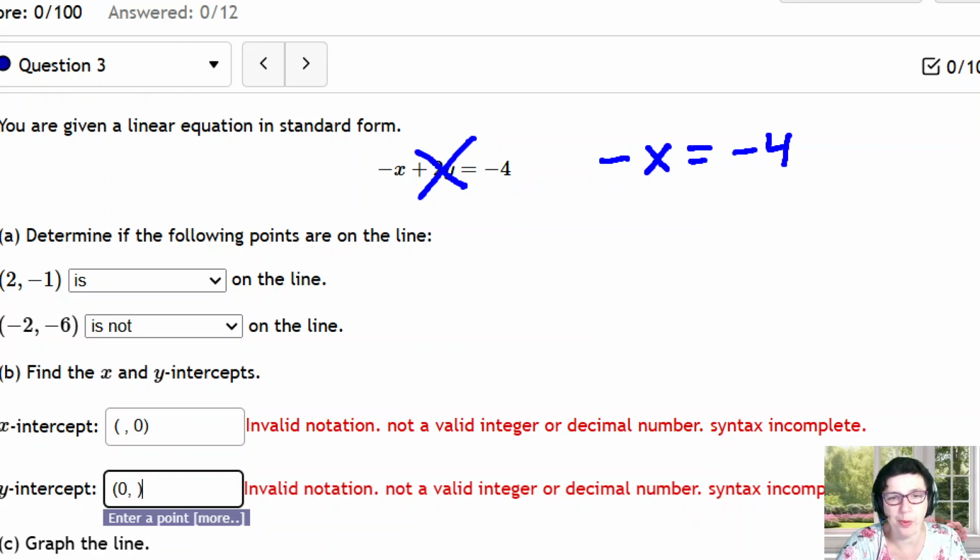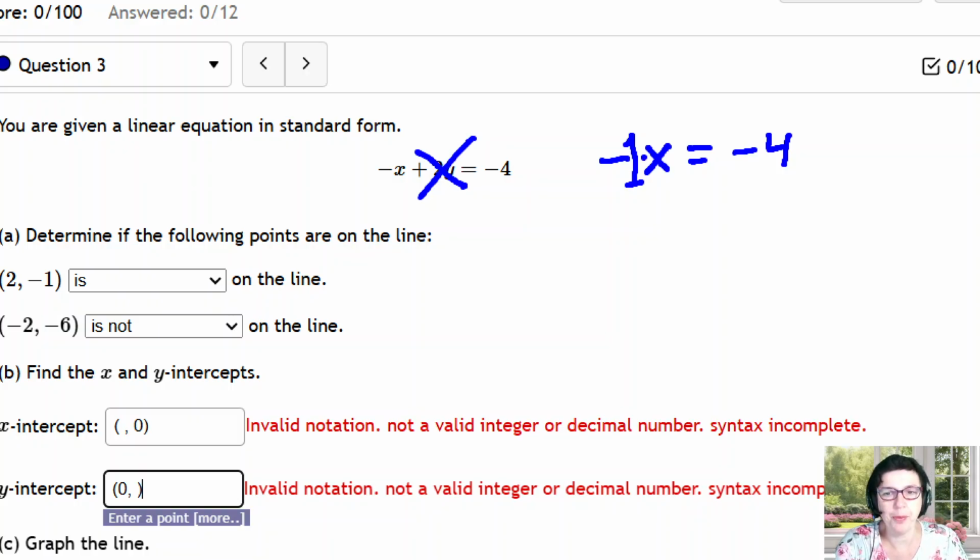Why is it going to drop out? Because when y is 0, if you multiply it by 2, doesn't matter, it's still going to stay 0. Now we need to solve -x equals -4. So how do we get rid of the negative on the left-hand side? What do we do? So remember, -x is the same as -1 multiplied by x.